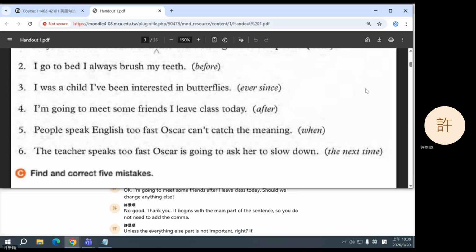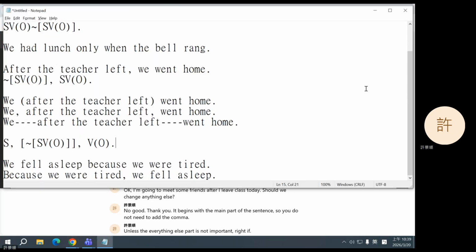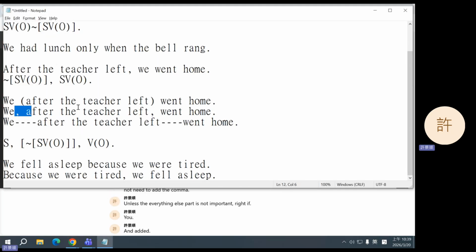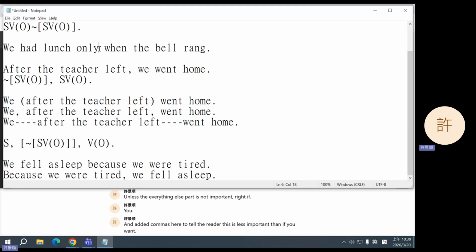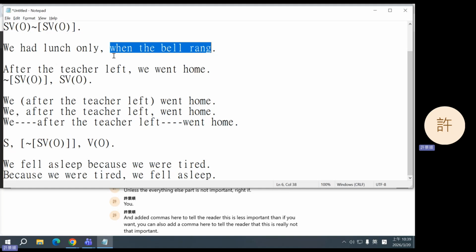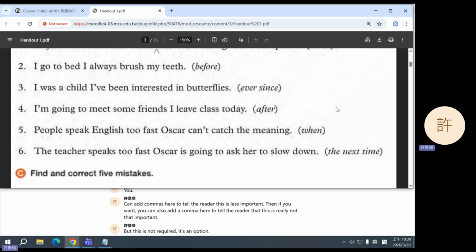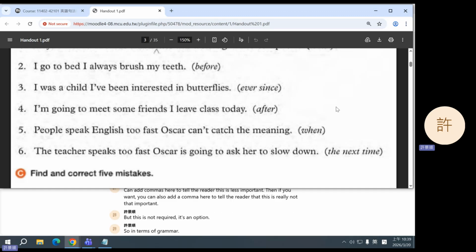If you can add commas here to tell the reader this is less important, then if you want, you can also add a comma here to tell the reader that this is really not that important. But this is not required. It's an option. So in terms of grammar, you don't need a comma for number 4.